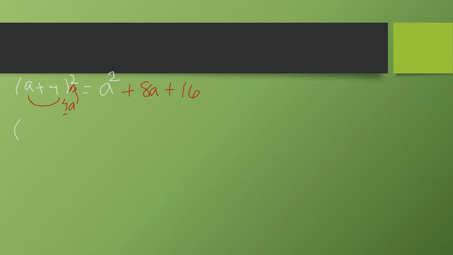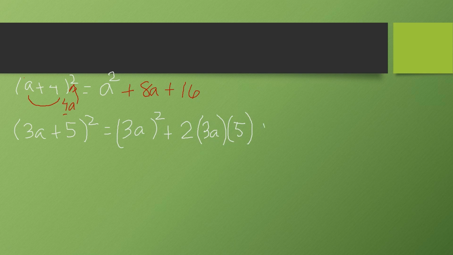Another example, we have the square of 3a plus 5. Square the first term. The first term is 3a. Square the first term, plus twice, meaning times 2, the product of the first term and the last term, which is 5, plus the square of the last term.